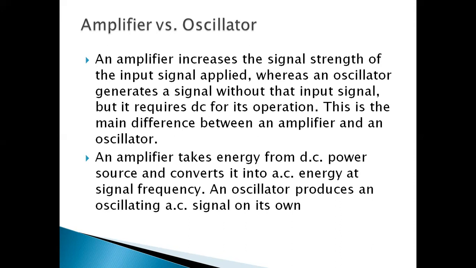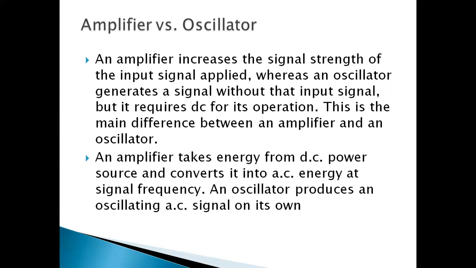Normally we know the definition of an amplifier. An amplifier increases the signal strength of the input signal. That means whenever we apply some signal to the amplifier, we get some amplified version of that input signal. Whereas an oscillator generates a signal without that input signal.